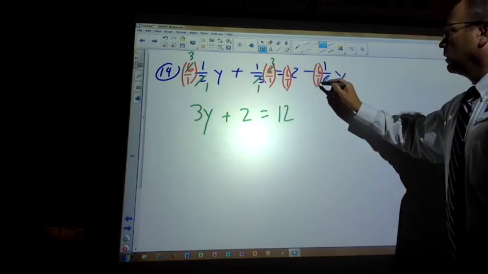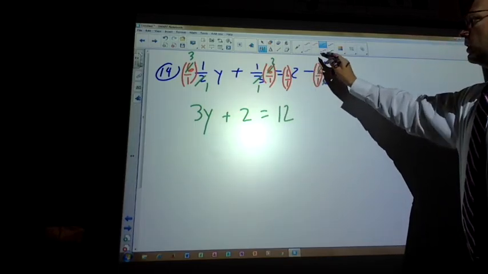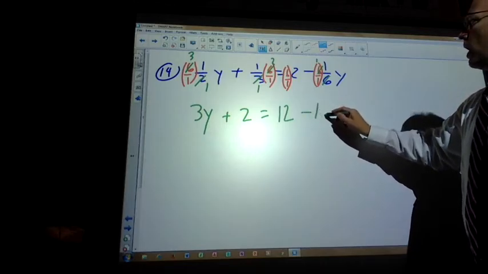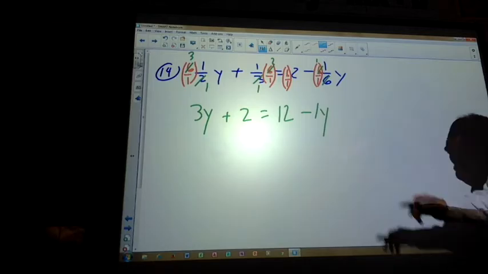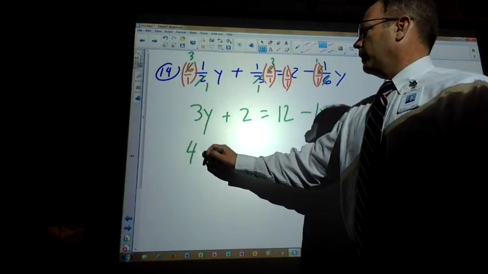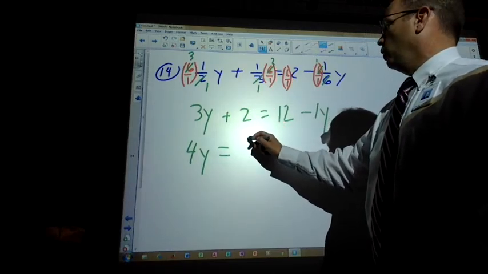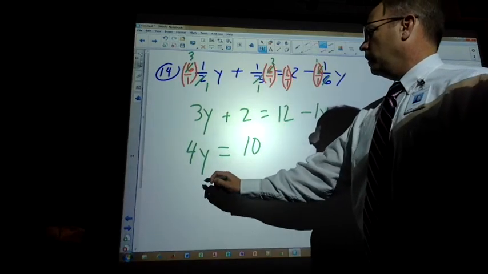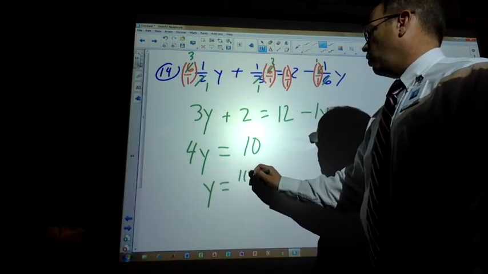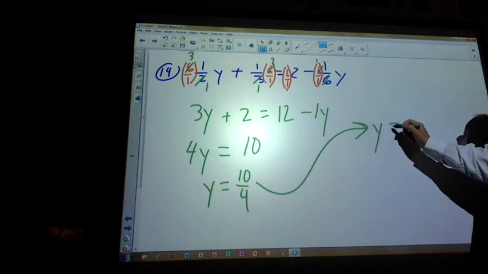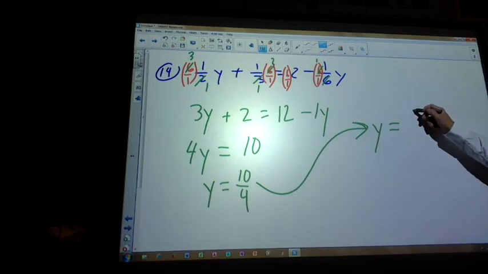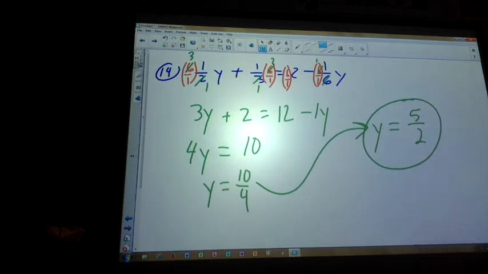Cool. And then I get negative 1y. Can you just put negative y? Yep. All right, add y to both sides, so I get 4y over here. Subtract 2, so I get 10 over here. y equals 10 over 4. You're happy about it, but I took a point off. Why? Because you didn't reduce. 5 over 2 is my answer. Sound all right?